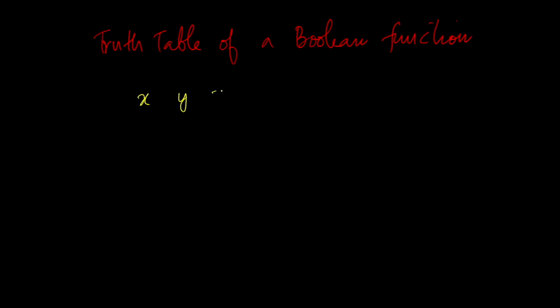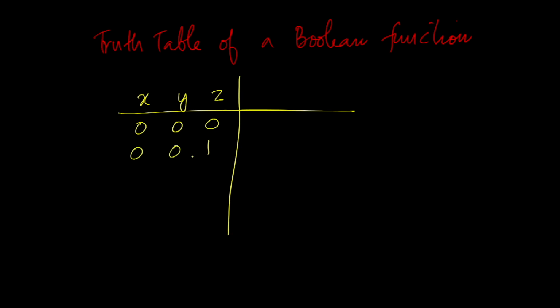Now consider the truth table of a Boolean function. Let us say it's a 3-variable Boolean function. Then there are 8 rows in this truth table.